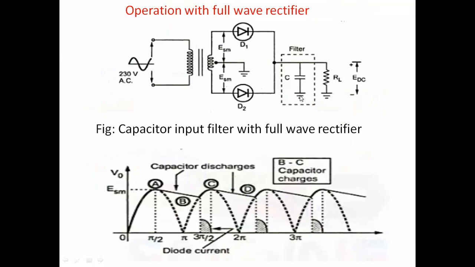If they ask about the bridge rectifier with a capacitor filter, then in place of these two diodes we can draw the bridge rectifier, and connect the filter the same way. This is the bridge rectifier with the capacitor filter. Like that, we can write the answer. If they ask about the center tap full wave rectifier with a capacitor filter, you can write it like this.